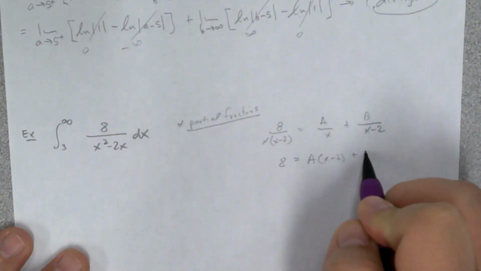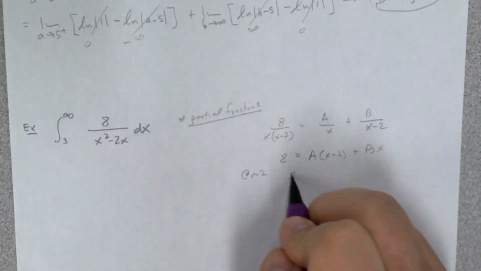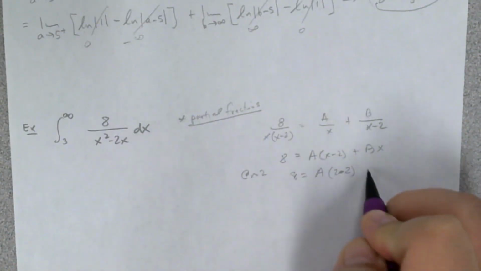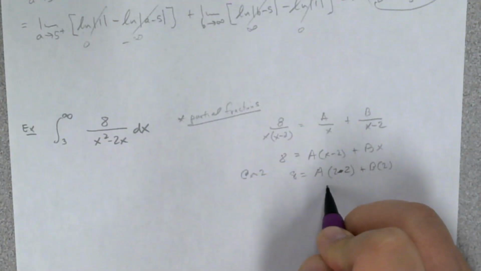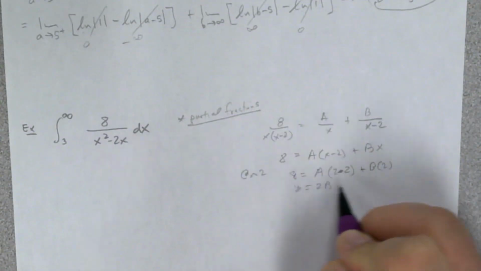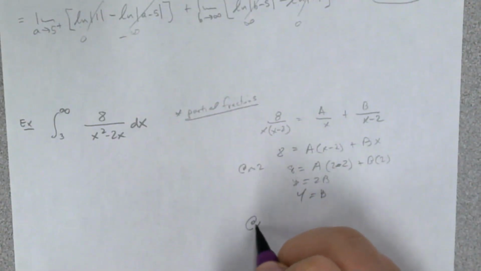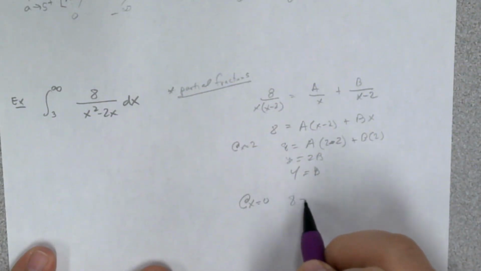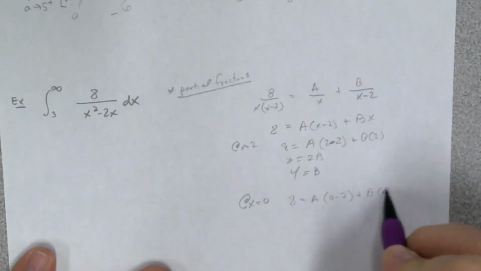And then plus bx, and then at x equals 2, I get a 2 minus 2, and so we know 2b, so 2b equals 8, and so b equals 4. And then at x equals 0, I get 8 equals a 0 minus 2, b times 0, so that's gone.